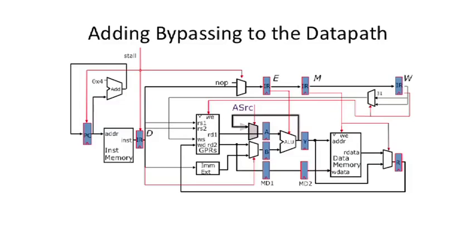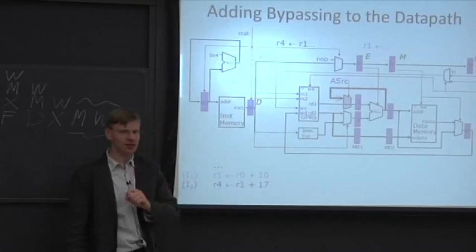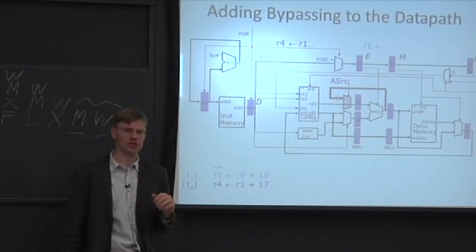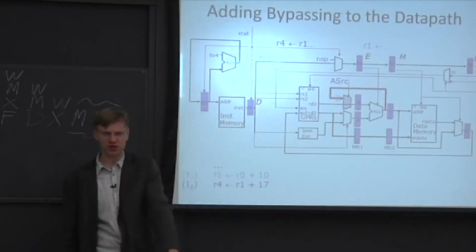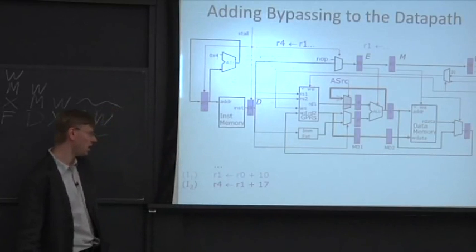OK, so an important question is, does this help our example we had before from a performance perspective? So our stalling logic that we put in was good enough to make sure there wasn't an error. But it's not good enough to actually have good performance, because you have to wait for the value to get to the register file before you go ahead.